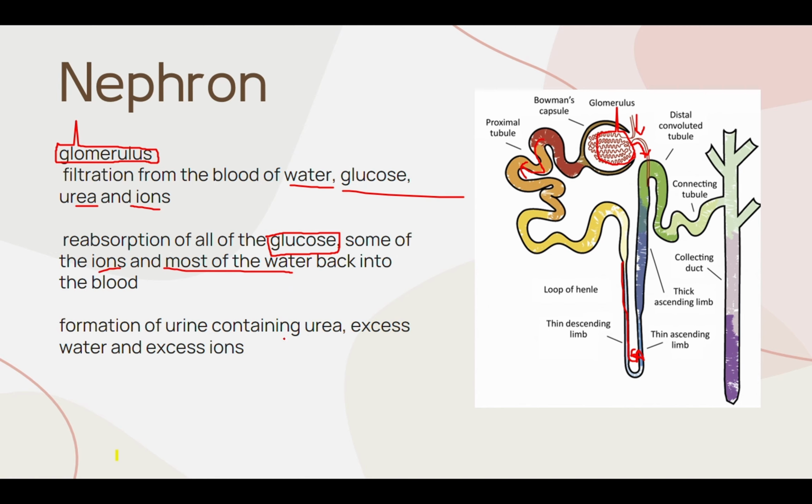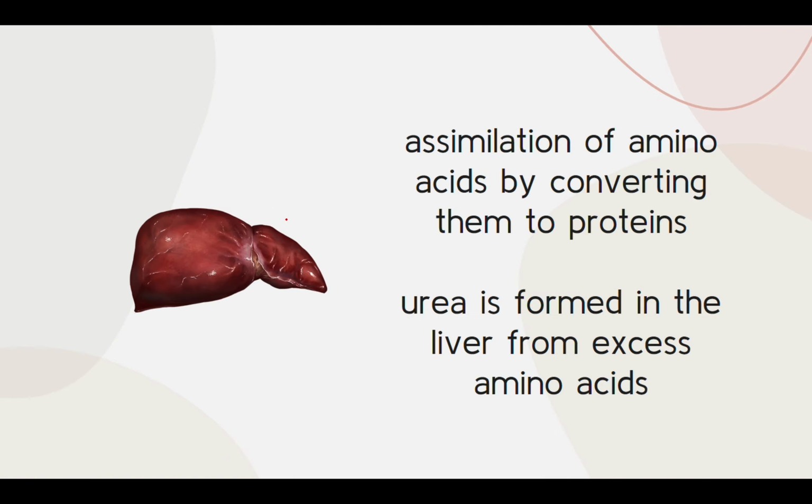The urine formed contains all of the urea, excess water, and excess ions. Now, that is all you need to know about your nephron.